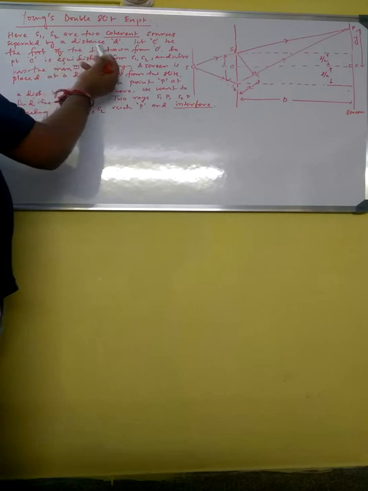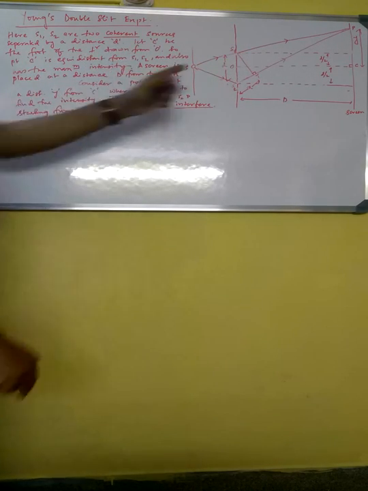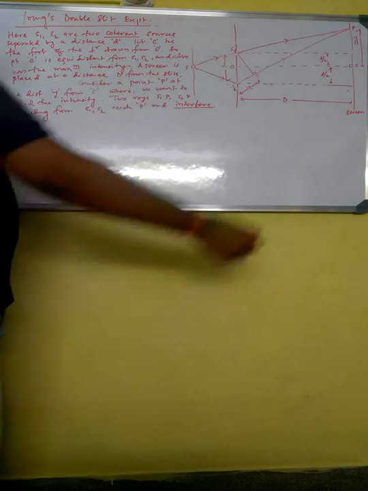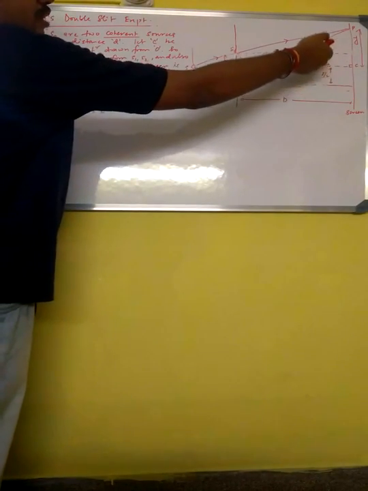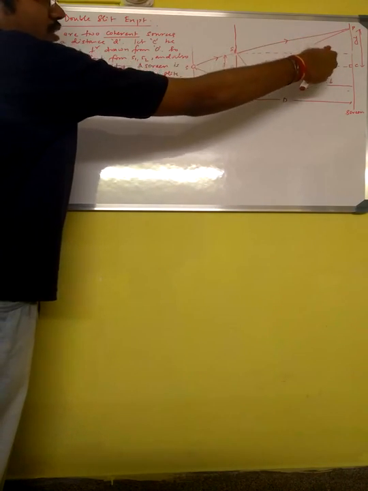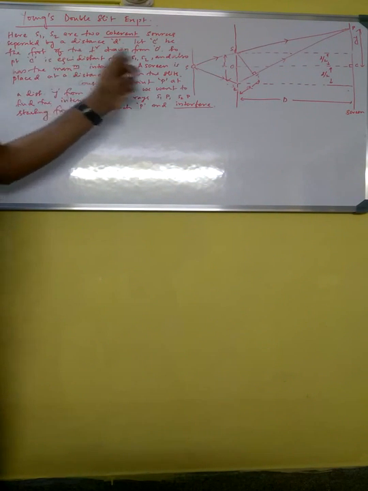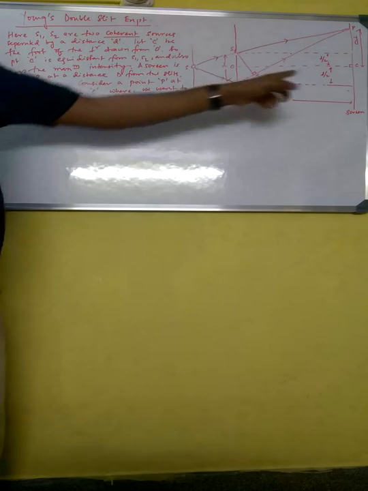Here S1 and S2 are two coherent sources separated by a distance d. Let C be the foot of the perpendicular drawn from O. So point C is equidistant from S1 and S2, as it is the midpoint, so we break this distance d into two halves, d by 2 and d by 2. This point is equidistant from S1 and S2 and also has the maximum intensity.